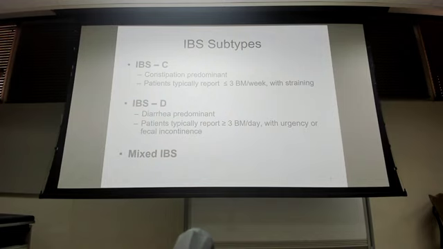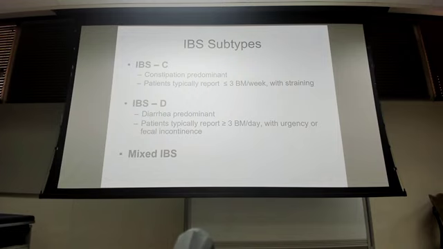You need to know the definitions here, or the timing of what the patient is reporting. For IBS-C, patient's going to say, I've got constipation and it's less than or equal to 3 bowel movements a week and I'm straining.